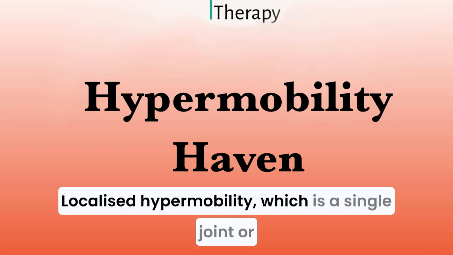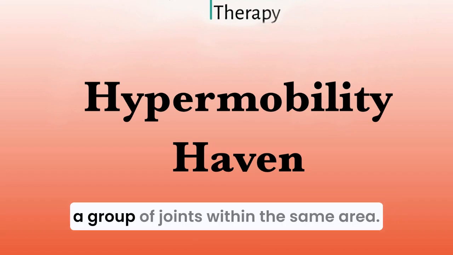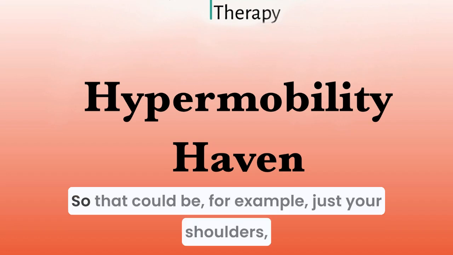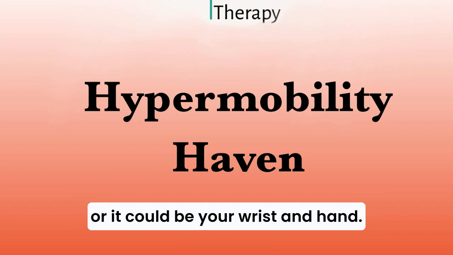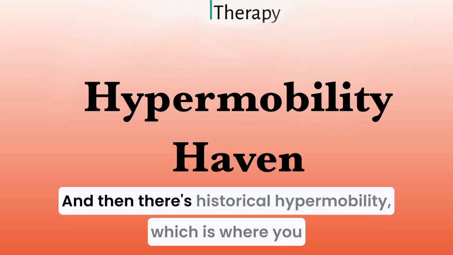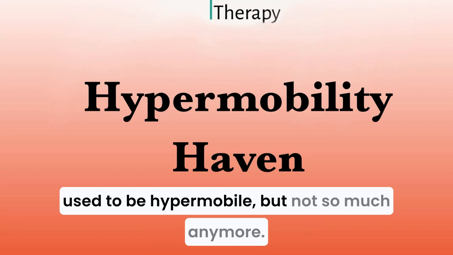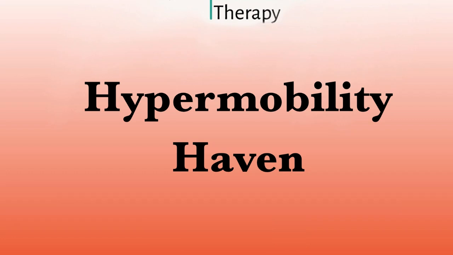Localised hypermobility, which is a single joint or a group of joints within the same area. So that could be, for example, just your shoulders, or it could be your wrist and hand. And then there's historical hypermobility, which is where you used to be hypermobile, but not so much anymore.